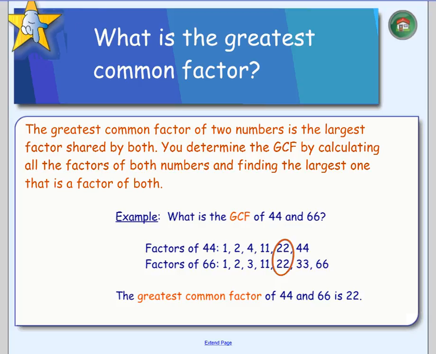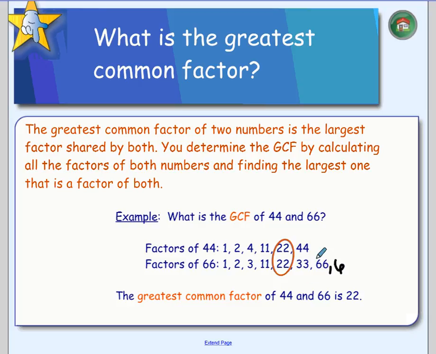I'm going to list out all of my factors of 44. So I have 1, 2, 4, 11, 22, and 44. The factor pairs would be 1 and 44, 2 and 22, and 4 and 11. I'm going to do the same thing with 66. My factor pairs would be 1 and 66, 2 and 33, 3 and 22, and, oh, we missed one, 11 and 6.